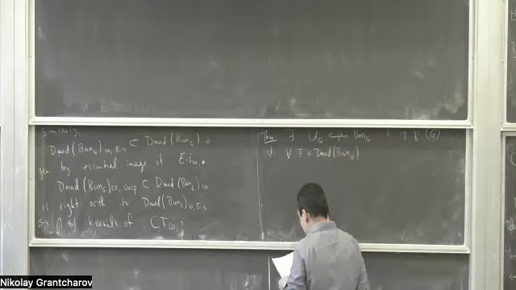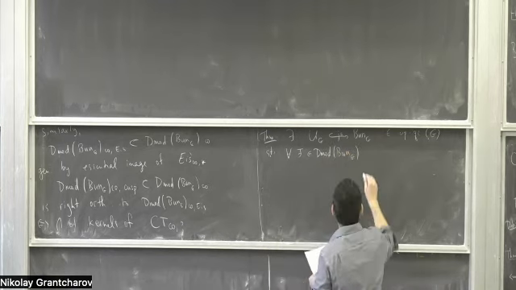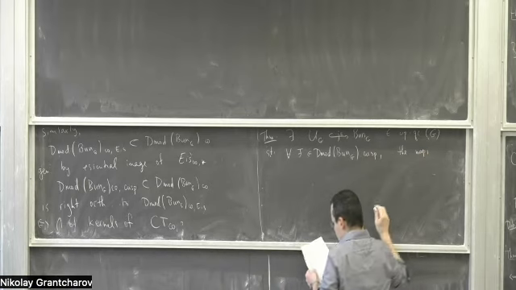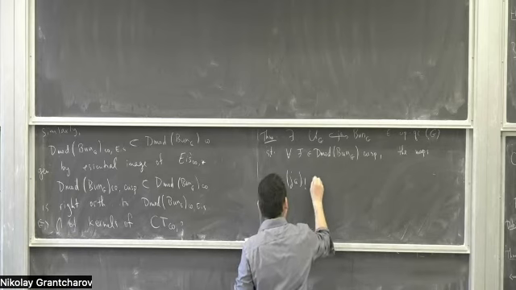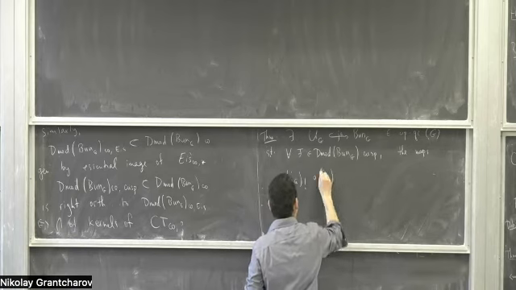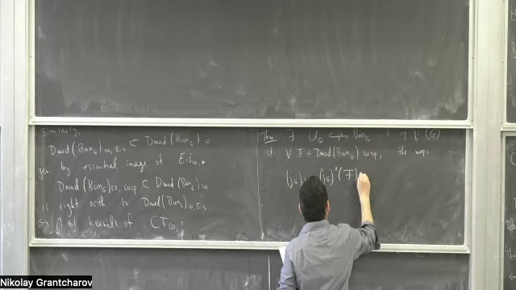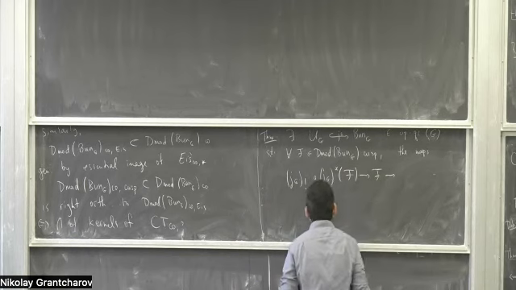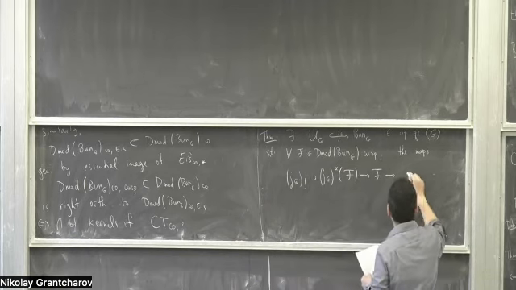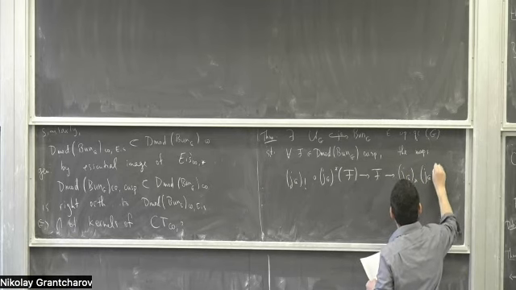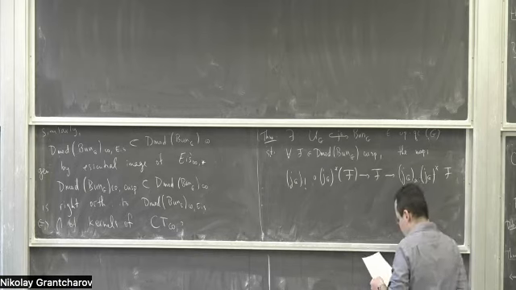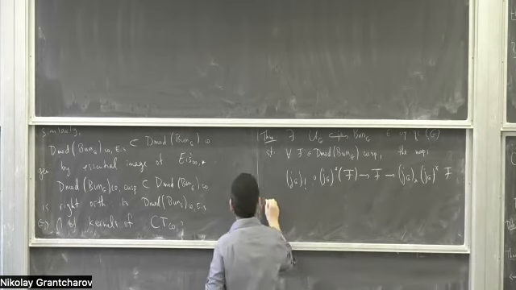This is the key thing that makes all of this work. The maps are isomorphisms.